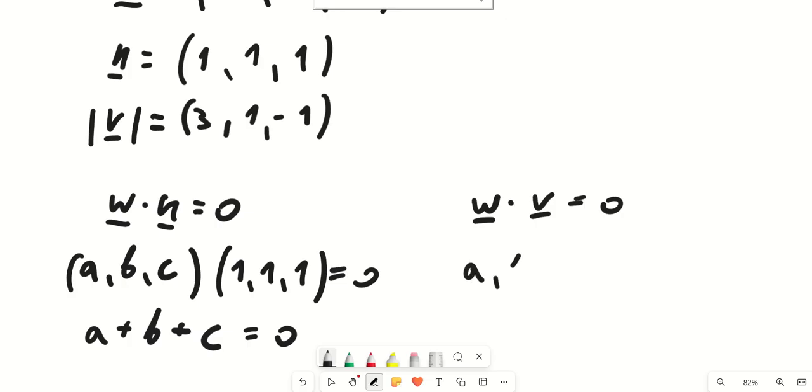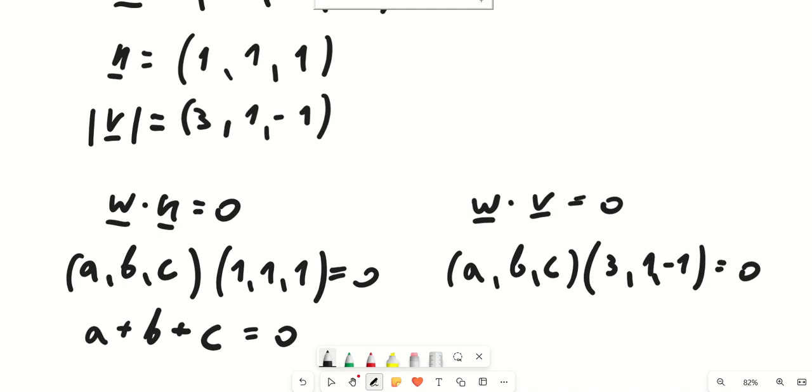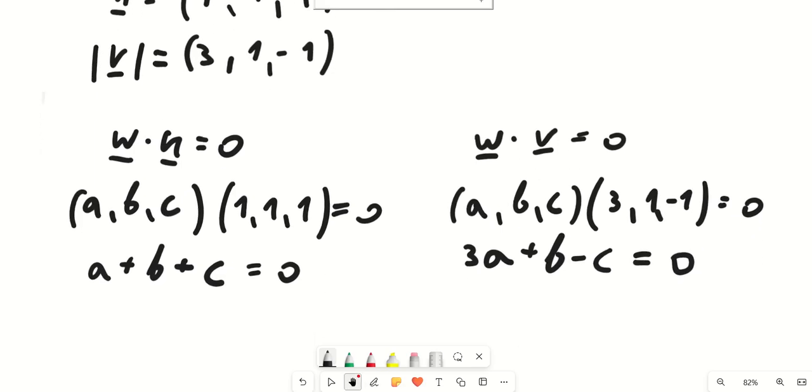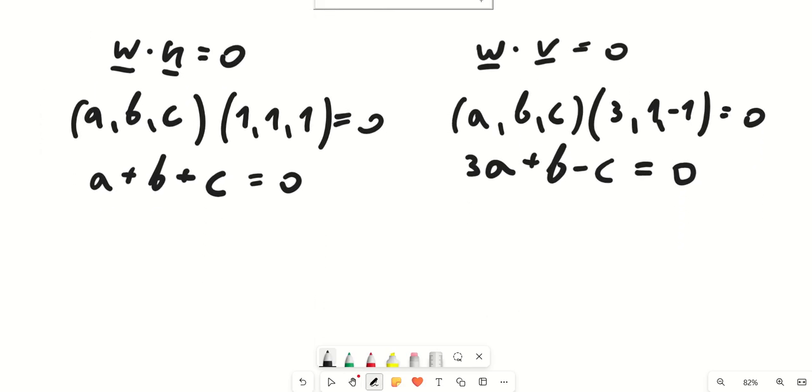So it's A, B, C and V, which is 3, 1, minus 1. So I get 3A plus B minus C equals 0. Let's call this equation 1 and this equation 2.